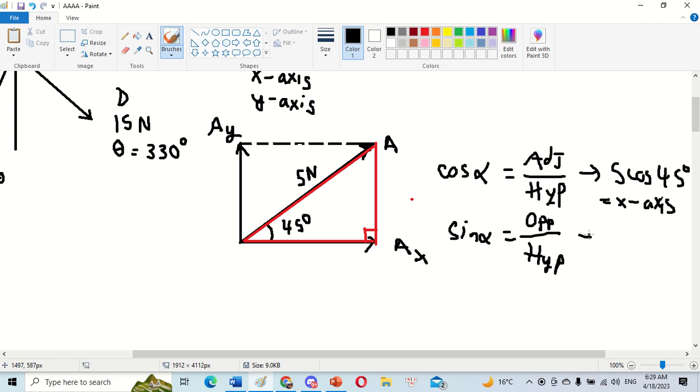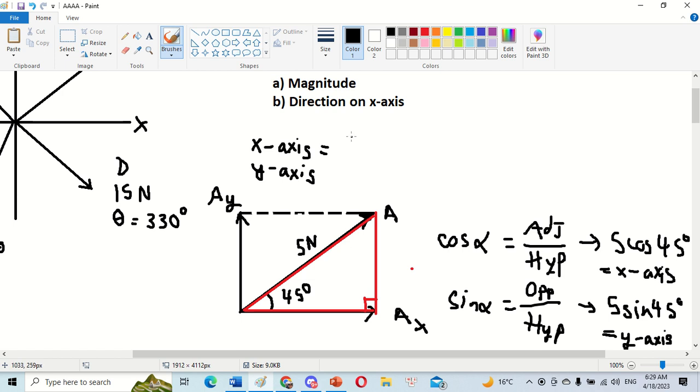Now we do a similar thing for the second one, the y-axis. We put this one going here, and here.